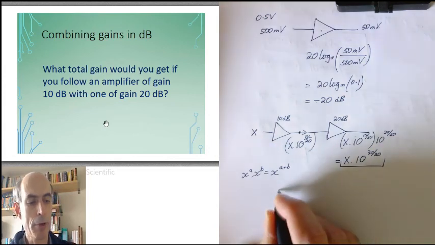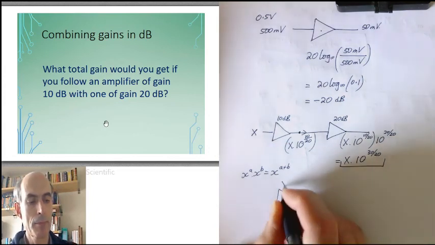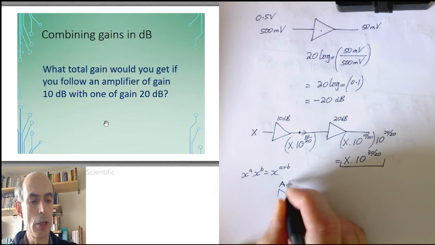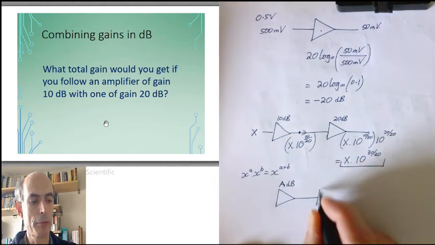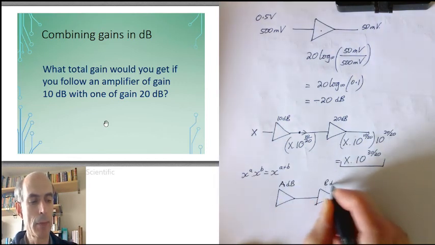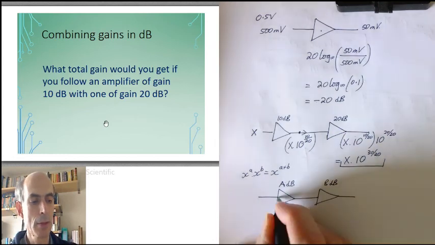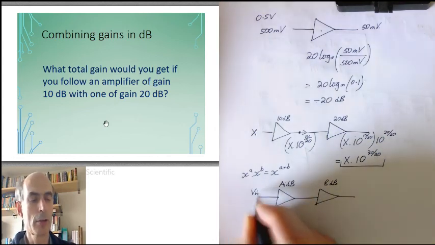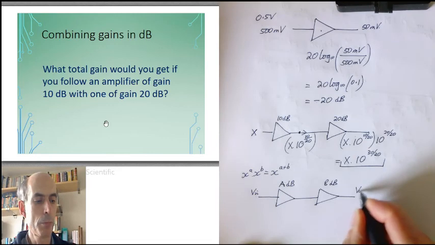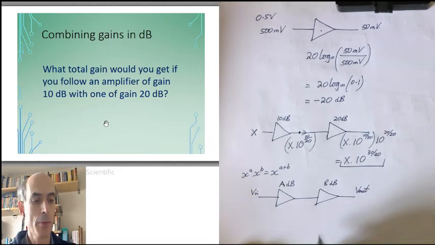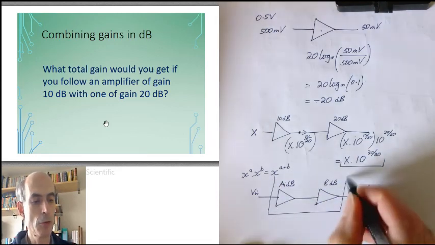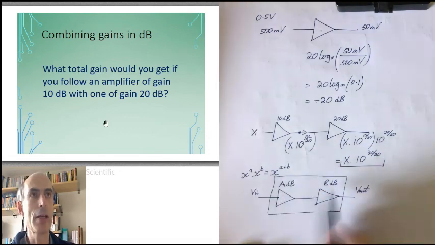If I had an amplifier here of gain A dBs, feeding another amplifier of gain B dBs, and I put an input signal here of V in and an output of V out, then the total gain of these two amplifiers together would be A plus B dB.